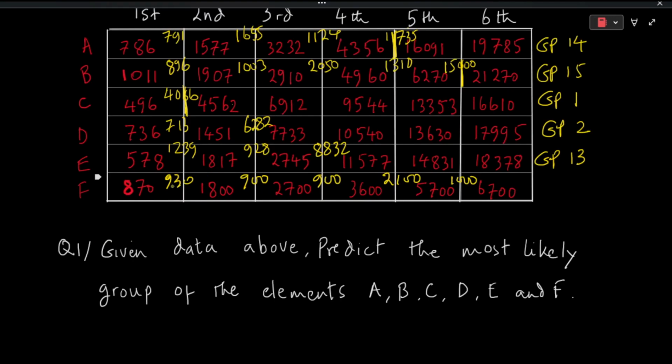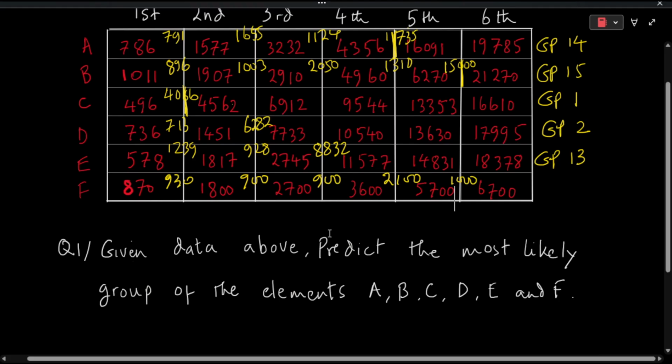Now, with these differences in their ionization energies, we are unable to determine any huge jump from the first to the sixth ionization energy. It is ranging between 900, 1,000 and 2,100. There is no substantial jump between any of the successive ionization energies.